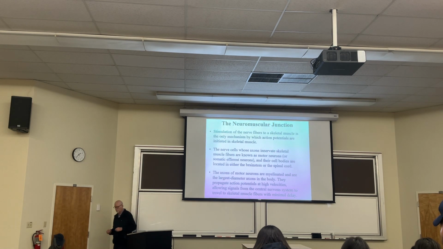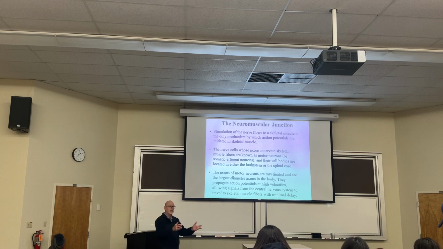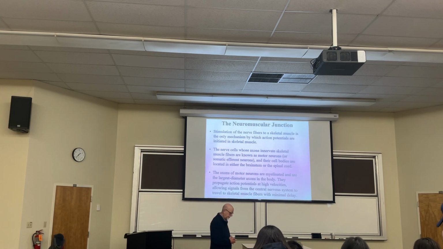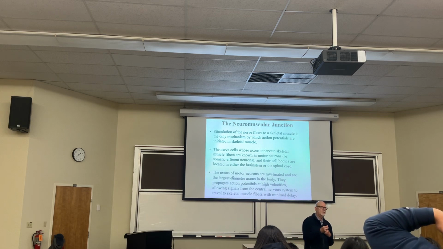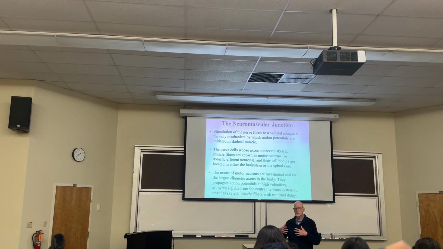Well, what about the neuromuscular junction? This would be the somatic nervous system rather than the autonomic nervous system. And so you have a single motor neuron going from your central nervous system, either the spinal cord or the brain, to the muscle.